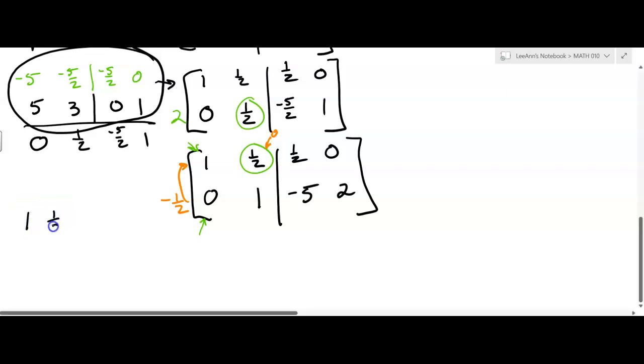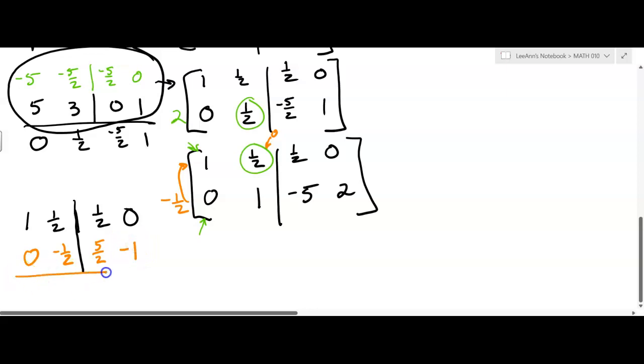I'm just going to write it over here so you can see it. I'll make a long line. Then the bottom row: -1/2 times 0 is 0. Then I get a -1/2 here, I get a +5/2, and I get a -1 there.